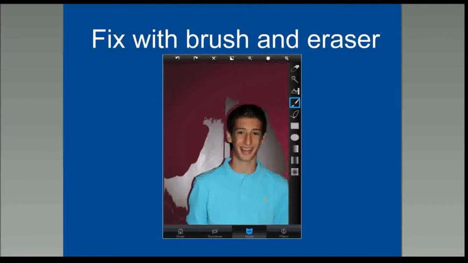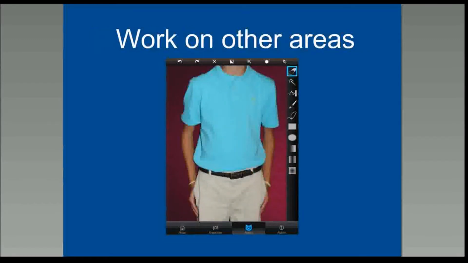The brush will take out more of the background of the top photo, and the eraser will put back if you've taken too much away. I recommend when you use this app or any app of this kind to use a stylus. It's a lot easier than your finger because you're doing a little finer work.